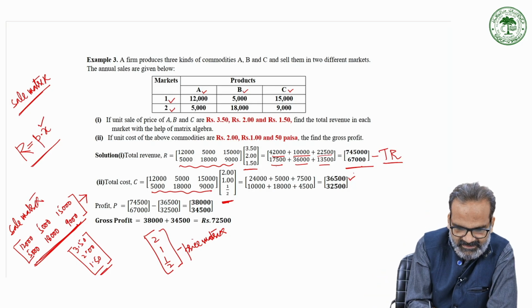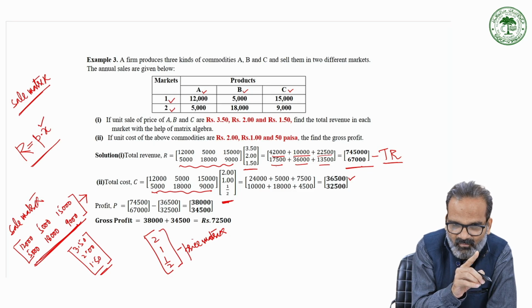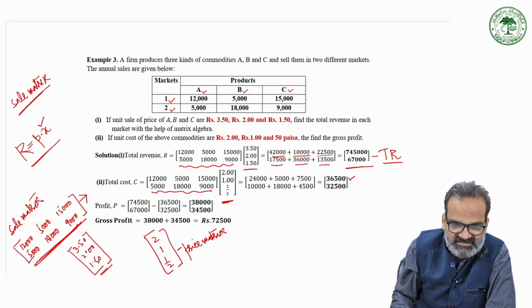If you multiply this matrix with the price matrix, say first row: 12,000 into 2, 24,000; 5,000 into 1, 5,000; 15,000 into half, 7,500. This is the product of the first row with the price matrix.